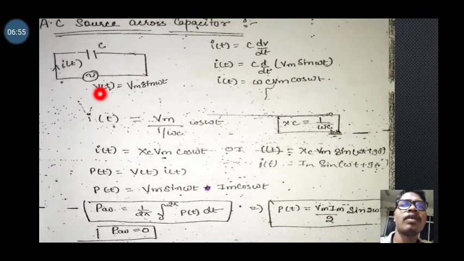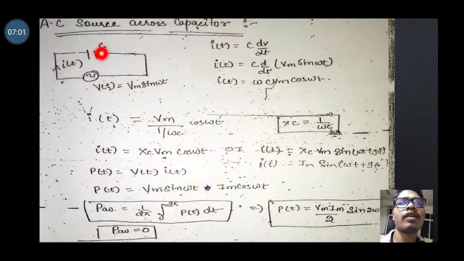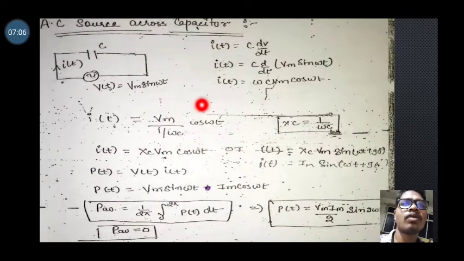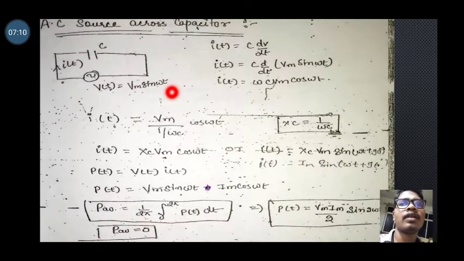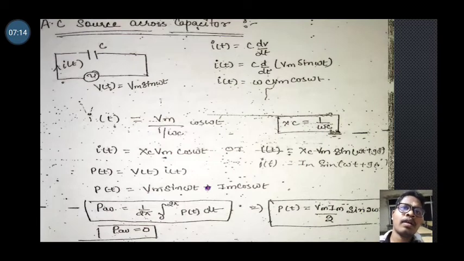Now see the AC source across a capacitor. This is the figure of the AC source across the capacitor. Here the AC voltage source is Vm sin omega t, with current flowing through this capacitor. We already know that a capacitor stores energy in the electric field, but an inductor stores energy in the magnetic field.